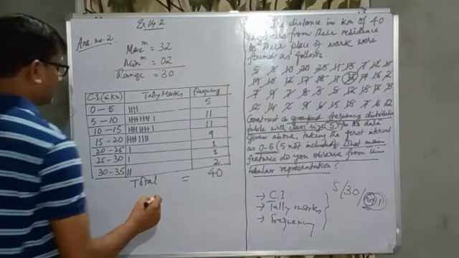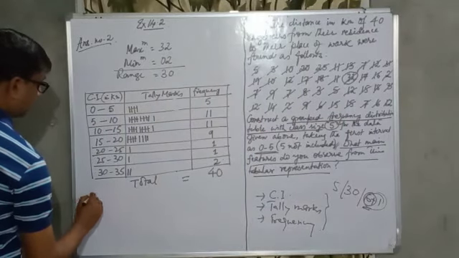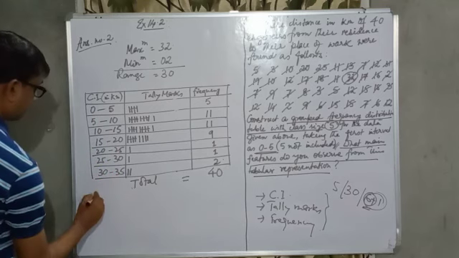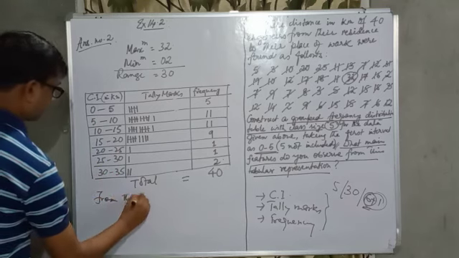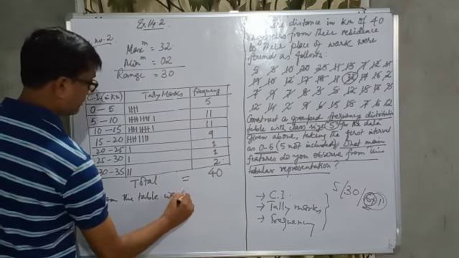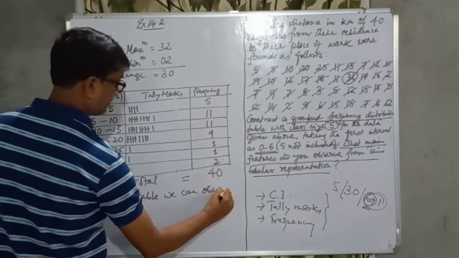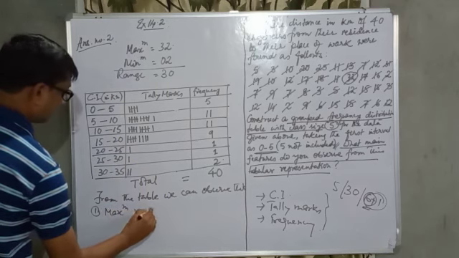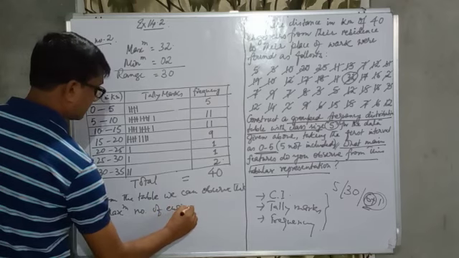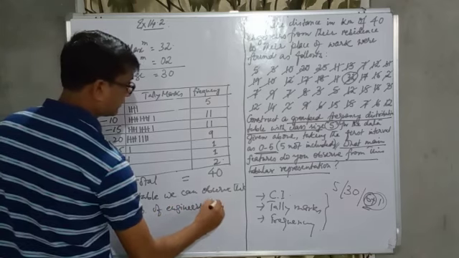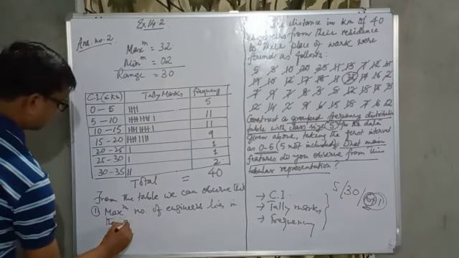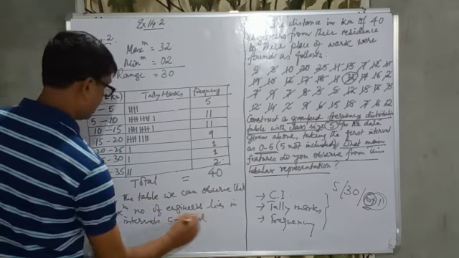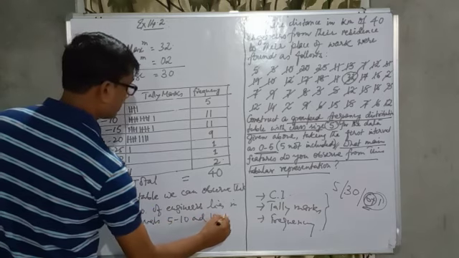So from the table we can observe that number 1, maximum number of engineers lies in the intervals 5 to 10 and 10 to 15.